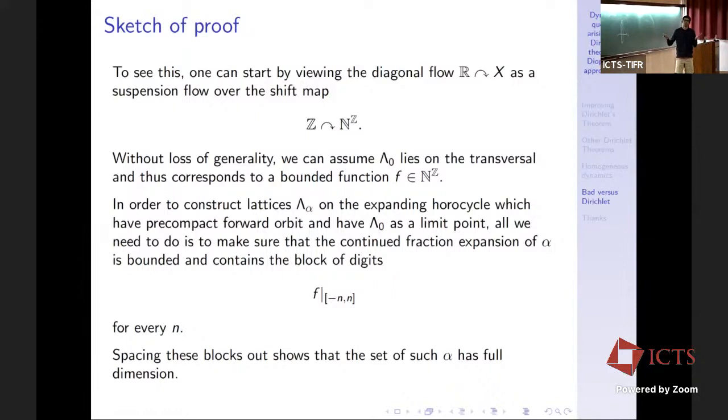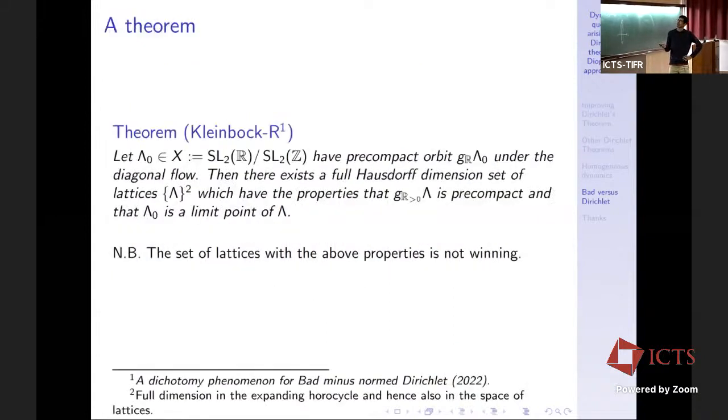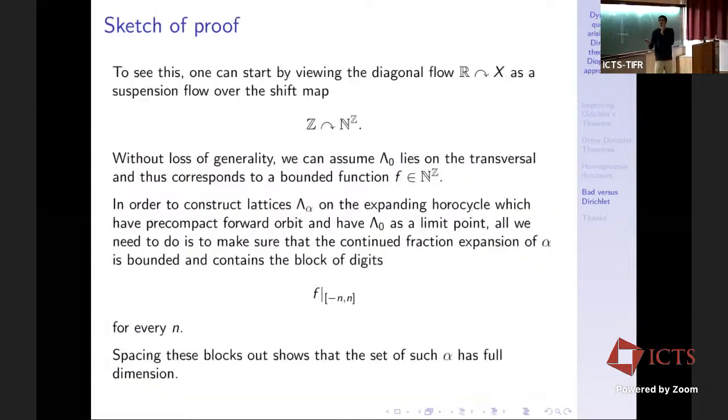If you pick your favorite section, you'll probably see that it's isomorphic to the shift map. X is SL2R mod SL2Z, exactly what was in the previous talk. So it has a section that in some sense preserves some of the topology. If you take a bounded orbit lambda naught and you move it to the section, you get a bounded function from Z to N.